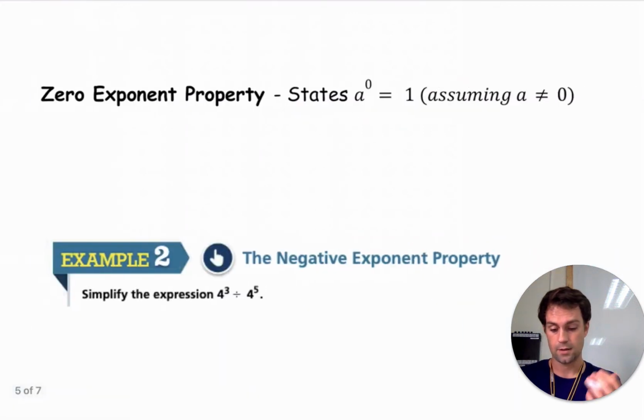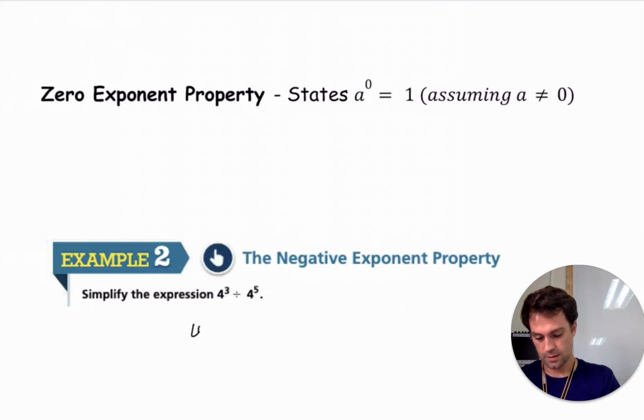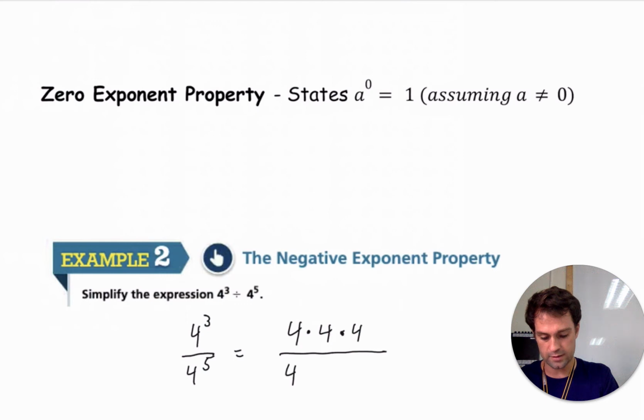All right. So, negative exponent property. So we have 4 to the power of 3 divided by 4 to the power of 5. This is the same as 4 times 4 times 4 over 4 times 4 times 4 times 4 times 4.